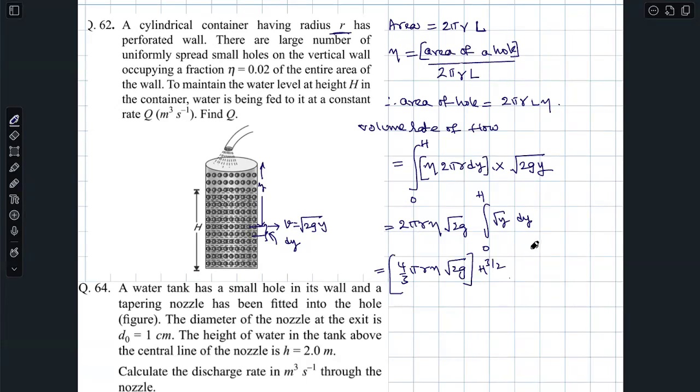They will ask you: the volume rate of flow through the holes is a function of h, so what will it be? h to the power of 3 by 2. In fact, this is Q. Any doubts? This is the rate at which water is leaking out through the holes. This is the same rate at which water is entering.